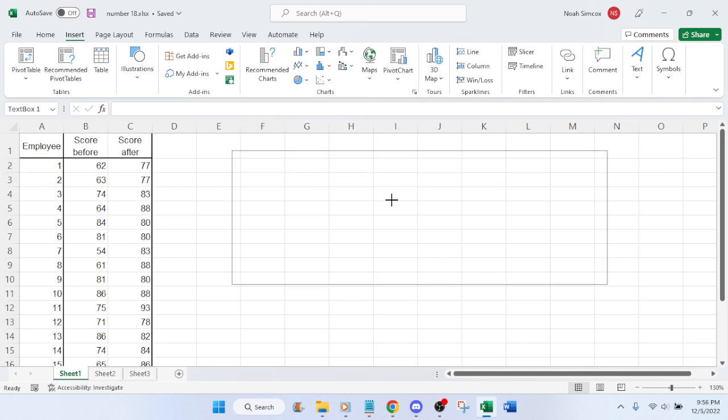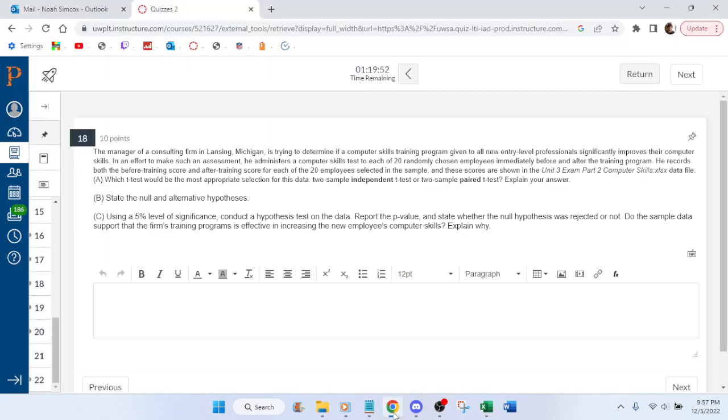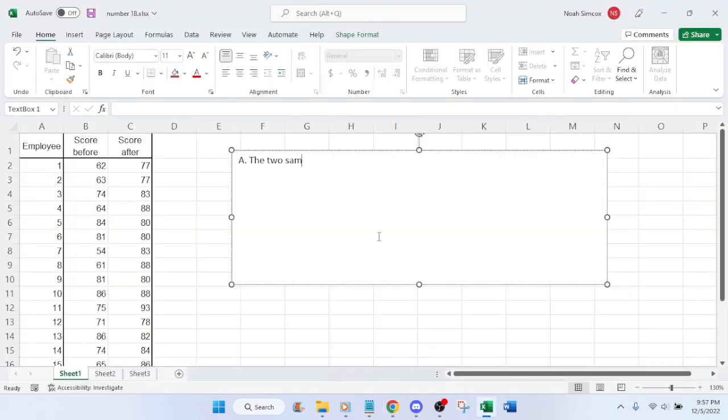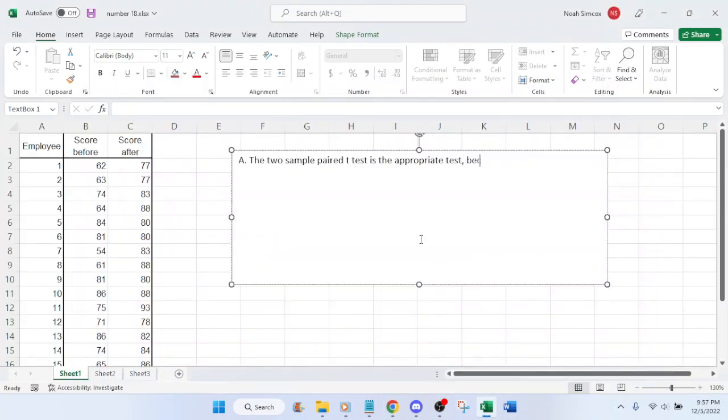So we'll just say A, the two-sample paired test. Paired t-test is the appropriate one because the score before and the score after are related.